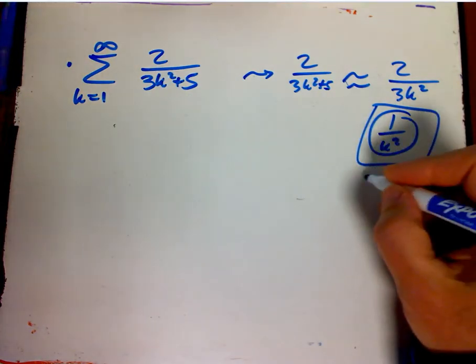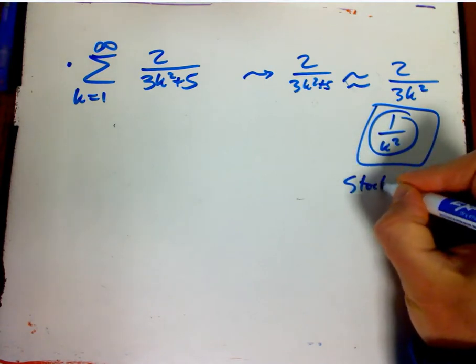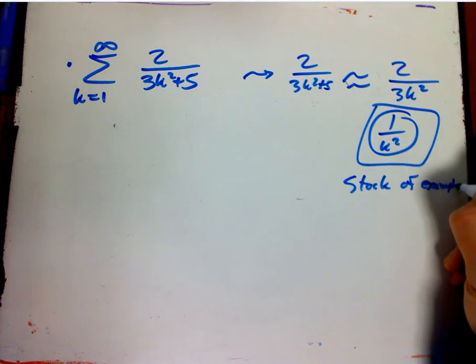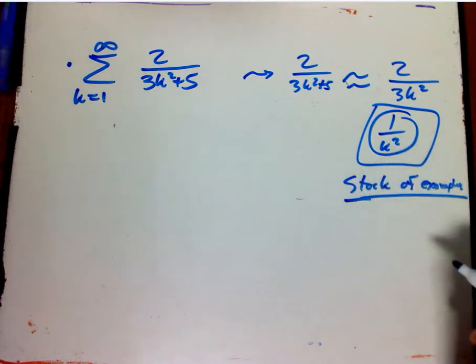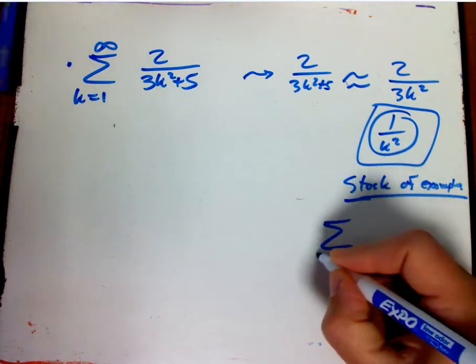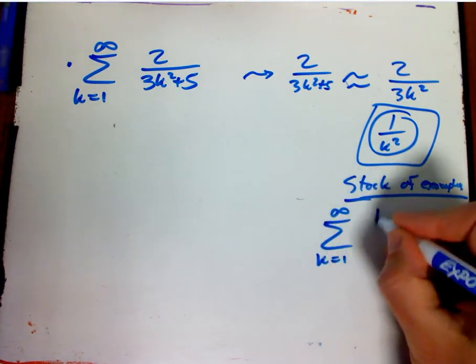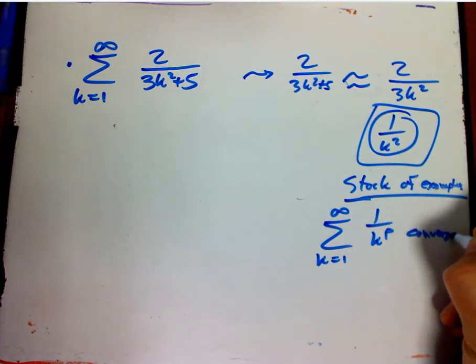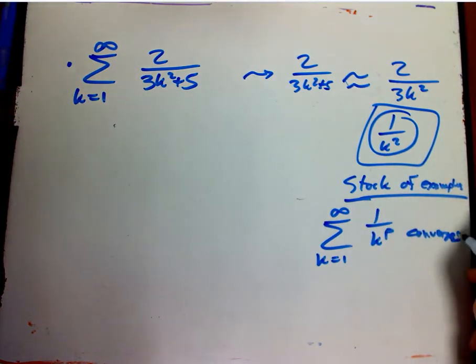And what does 1 over k squared do? This is a huge thing using the comparison test: you need to have some stock of examples where you actually know the answer. Well, we know that the sum from k equals 1 to infinity of 1 over k to the p converges, often people know this from the integral test. That's how we know it.